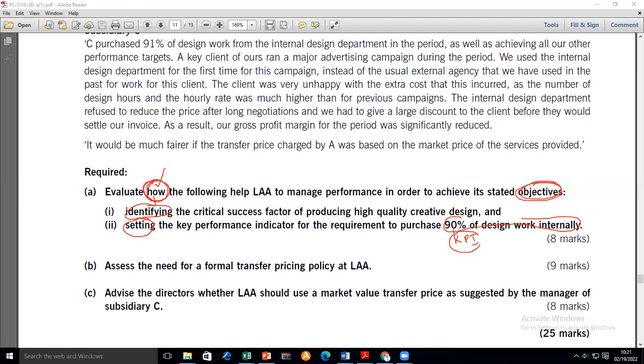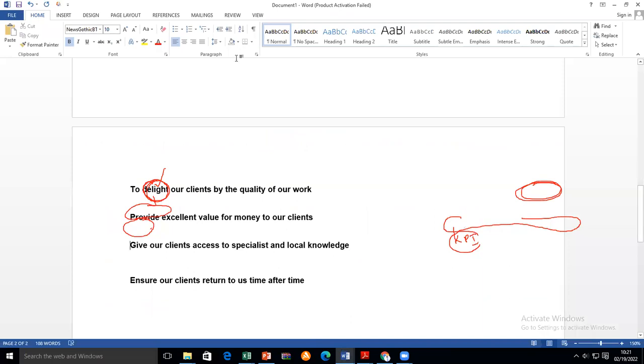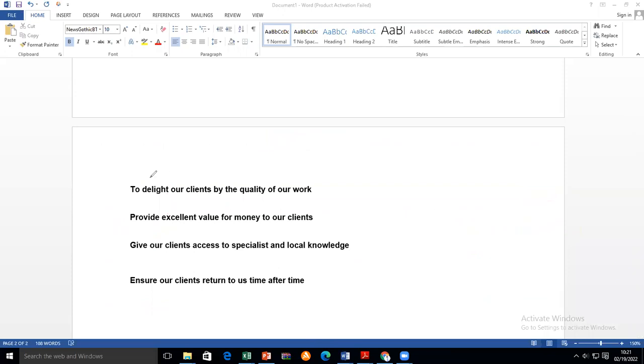So again, a good answer would be structured, would be modeled on the same. What do we mean? You go back again, like what we did earlier on. You go back here. You start now going through. You've cut and pasted, and then you start asking, if 90% of the work is done internally, do you think it will delight our customers? It depends on the nature of the work.